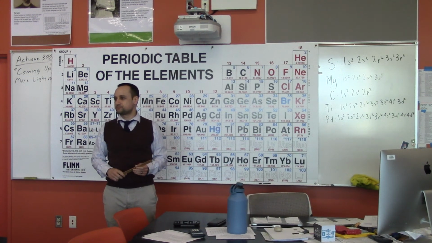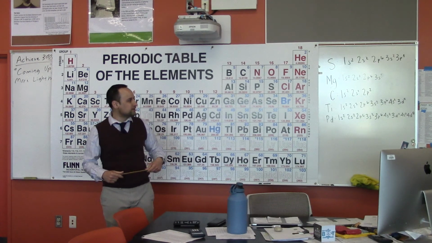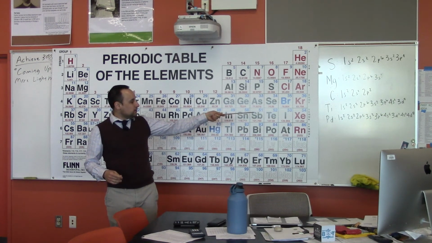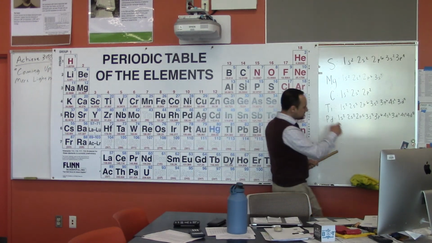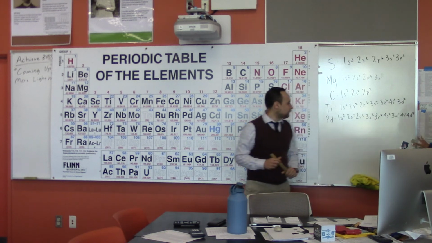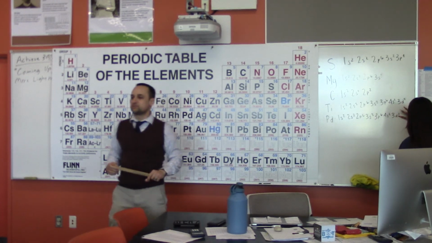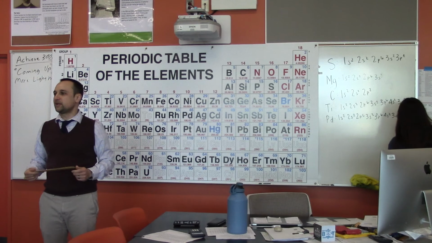Yes? Can you repeat the configuration? I could, but Leslie has conveniently put it on the board for us. The only thing is this would be a 5s2. If you consider palladium at that 5s2 configuration, 5s2 4d8, I'm okay with that.